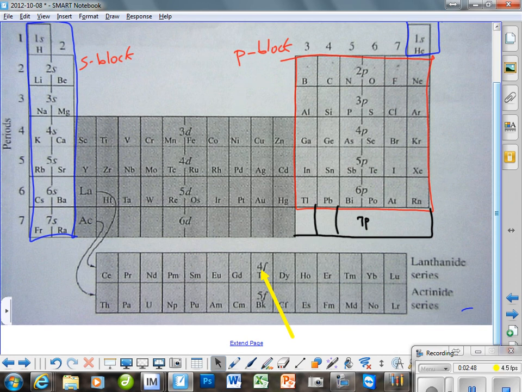And what this question is asking is if we have a full principal energy level, how many electrons could there be in that principal energy level? And if you get your upside down triangles and look at those, you're going to see exactly what they're asking you in this particular question.